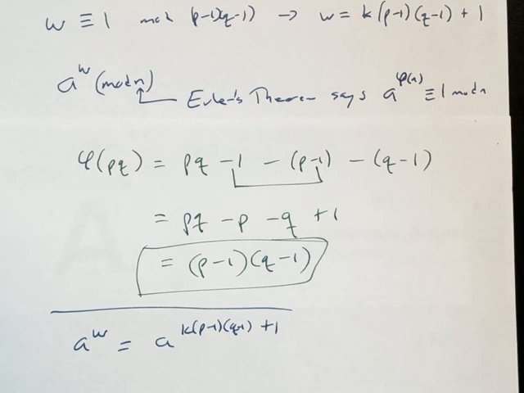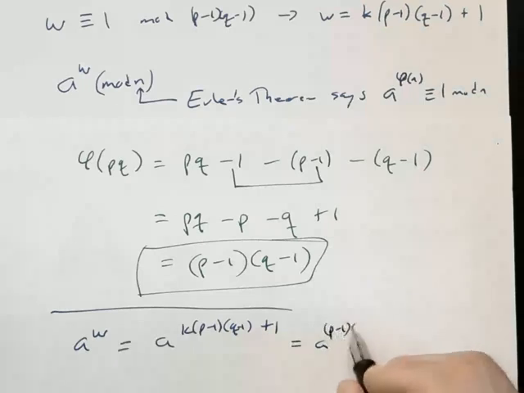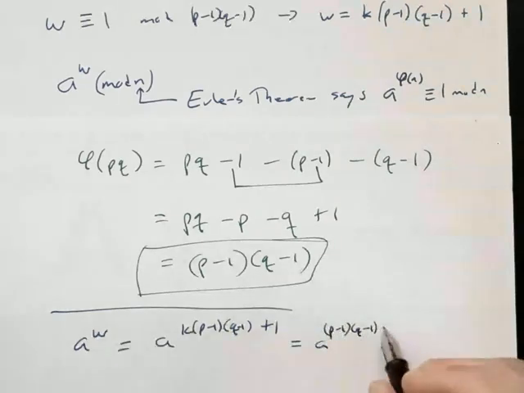Just like we did with Fermat's little theorem, with Euler's theorem, I'm going to break that up. That's a to the p minus 1 times q minus 1 times k, times a to the first.